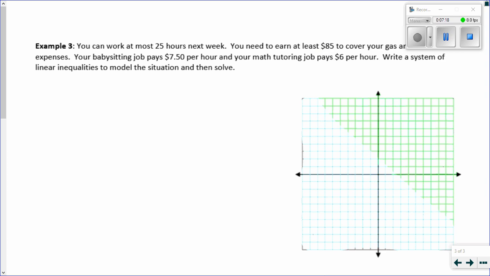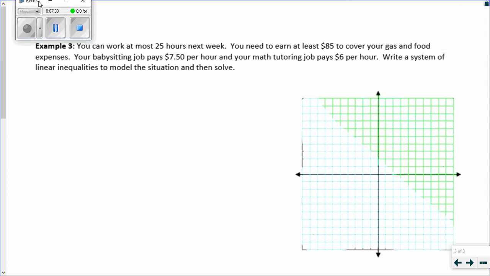So, just like writing systems of equations, they give you all the information to write the two inequalities you need. Okay? So I first went through it, I read it, and I just underlined stuff that seemed important. So you can work at most 25 hours. Remember, at most should be the clue that that's going to be the inequality. At most 25 hours next week, you need to earn at least $85.